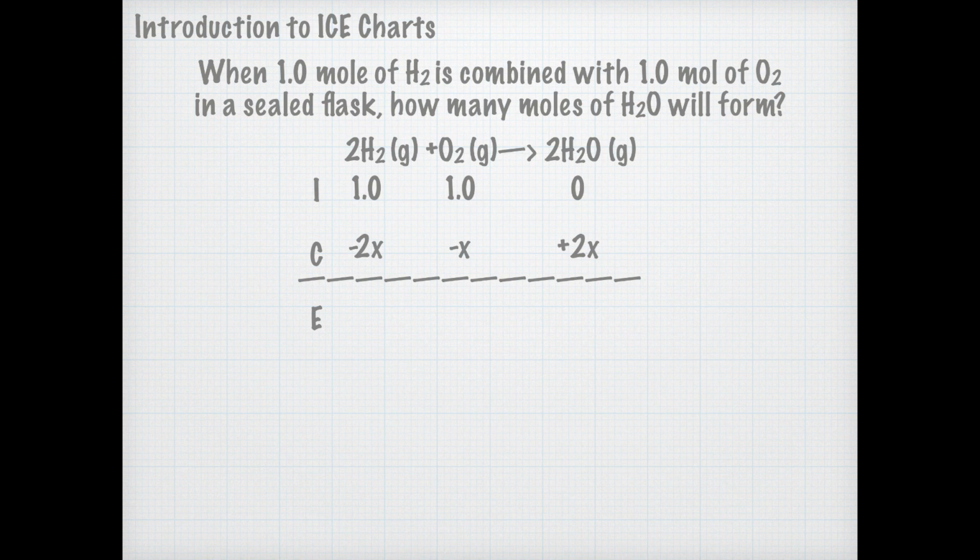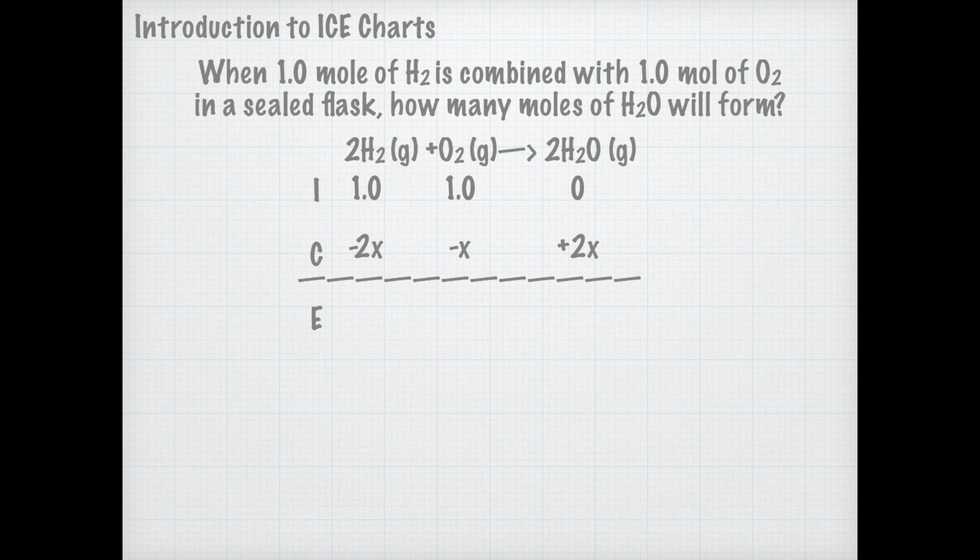Fine, that's what I assumed. I'm assuming oxygen is my limiting reactant. Well, how much hydrogen would I have left? If my x is 1, I would have 1.0 minus 2. That would give me a negative number. That doesn't work.